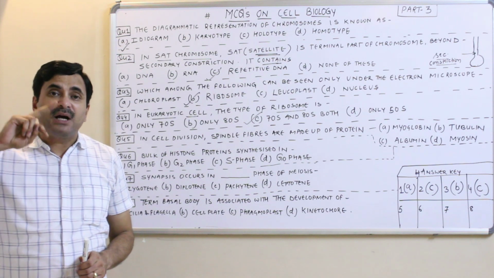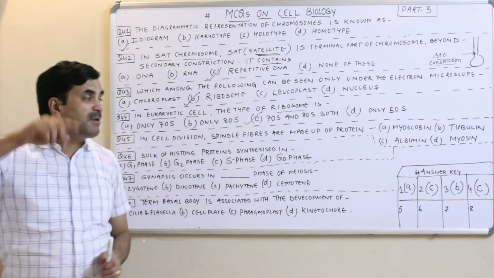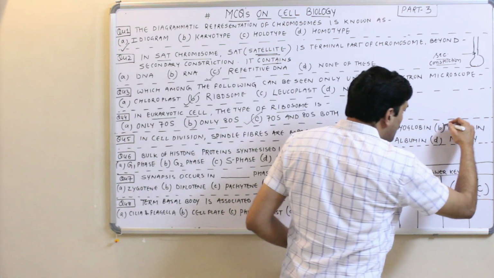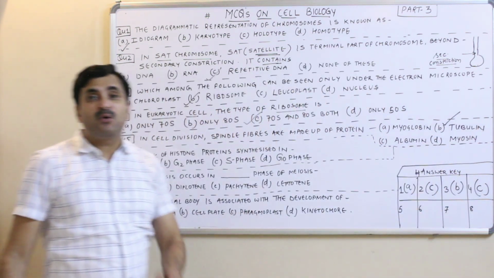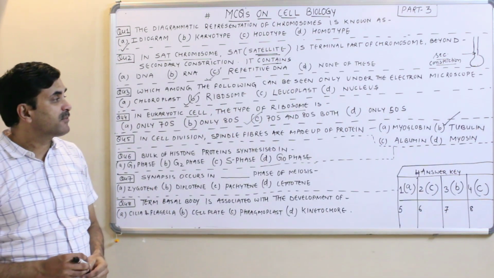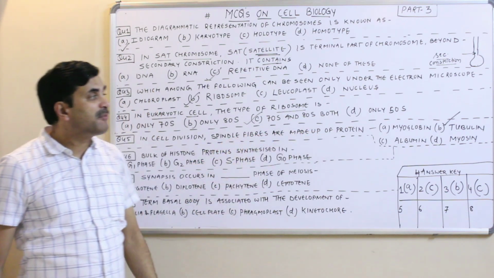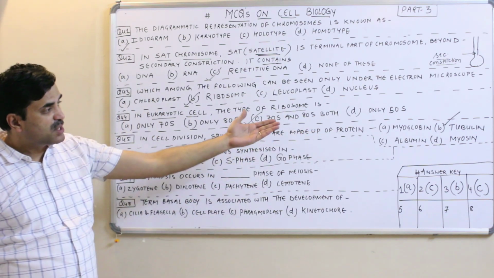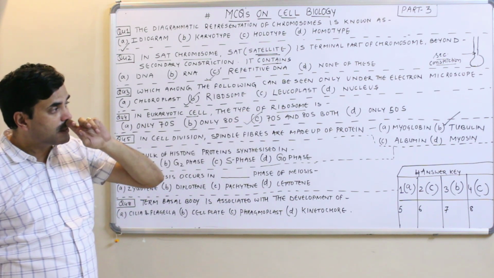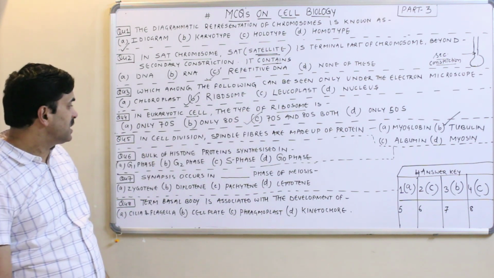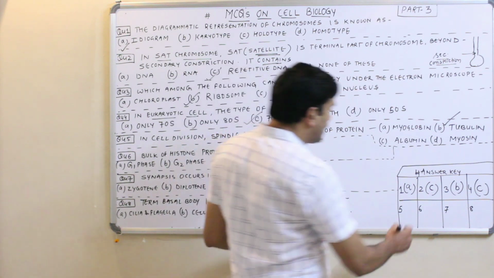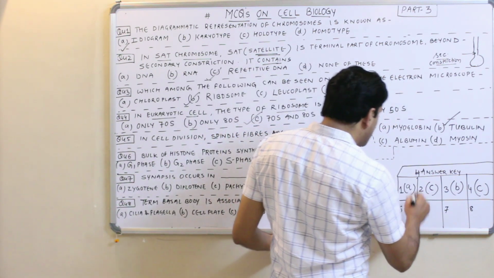This is very important information. So the question was for the protein only, and definitely it is straightforward: option B says it is made up of tubulin protein. So question number 5 will have the answer B.